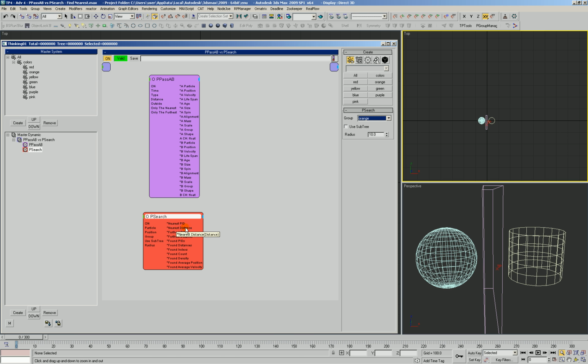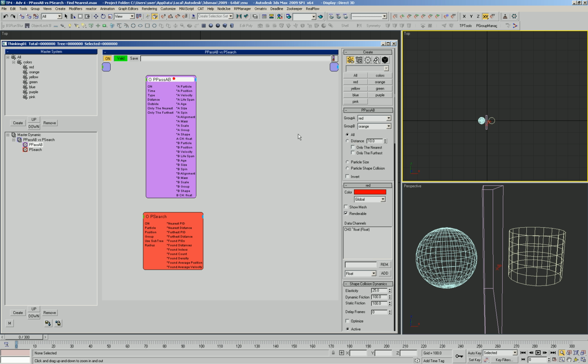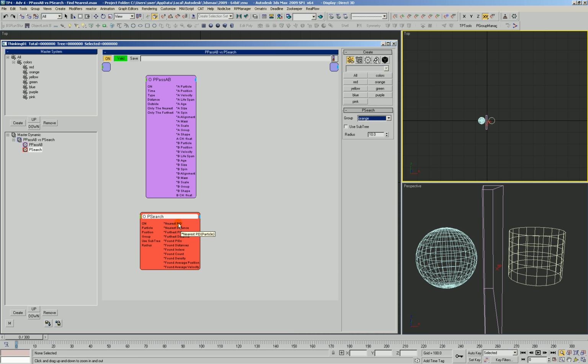Okay, so PSearch has some different outputs. It allows us to output something like only the nearest. It'll output the nearest particle ID that it finds within this range. It'll output and tell you what that distance is right away, what the furthest PID is, what the furthest distance. And this one here, found PIDs, is a very special one.